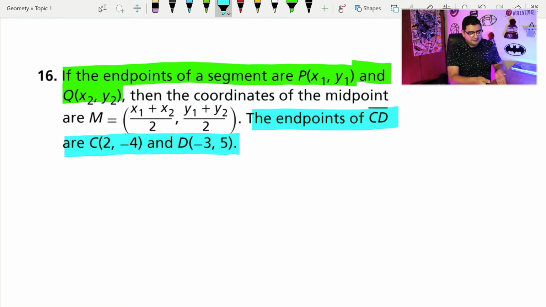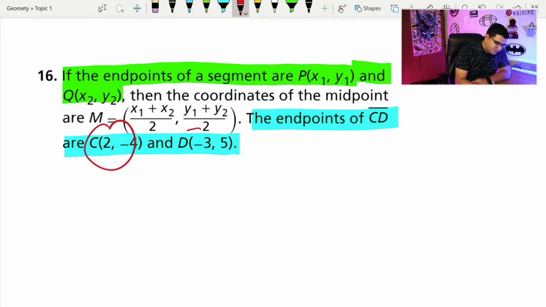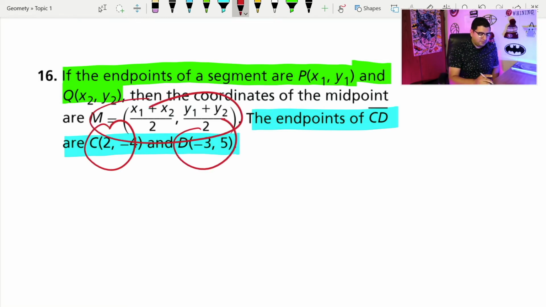Because this is similar to my hypothesis, I can actually make the conclusion and use the midpoint formula on points C and D. I can use this statement to logically prove that if I plug in my points into this midpoint formula, I will get the midpoint of these 2 points.